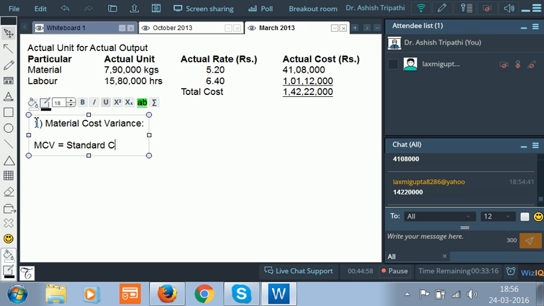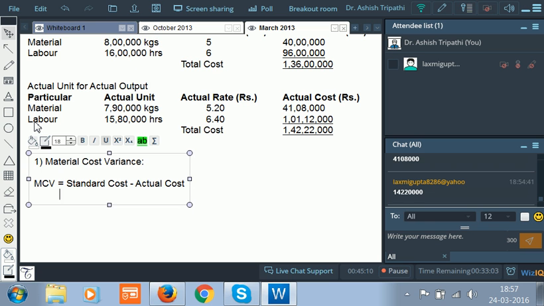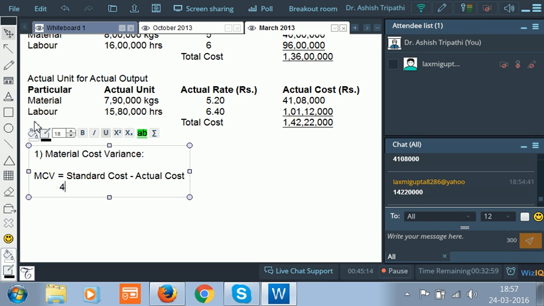So the formula will be standard cost minus actual cost. Very simple, because already we have calculated both. Standard cost of material is how much?